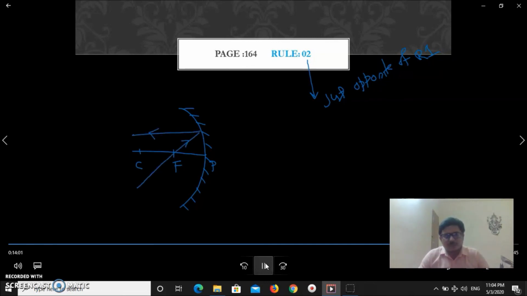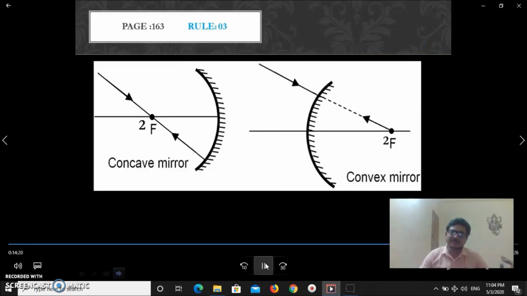If any ray passes through the focus, after reflection it will be parallel to the principal axis. And for a convex mirror, if any ray is coming towards F, after reflection it will also be parallel to the principal axis.